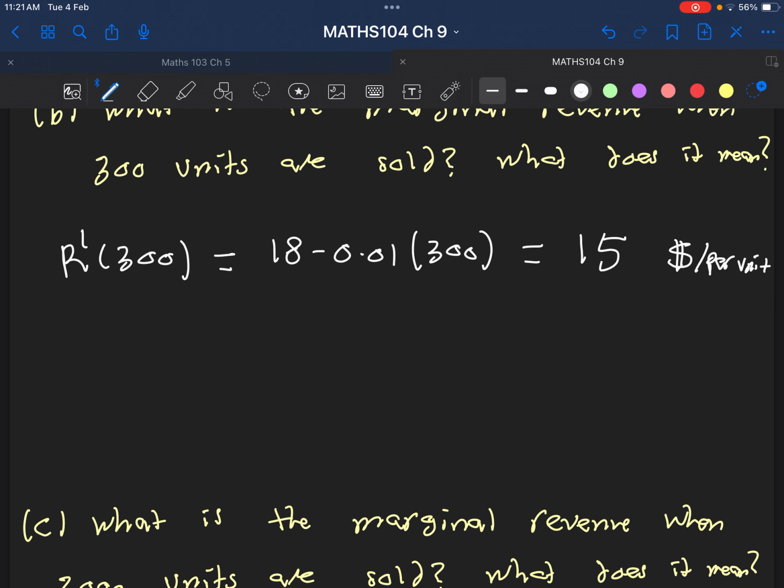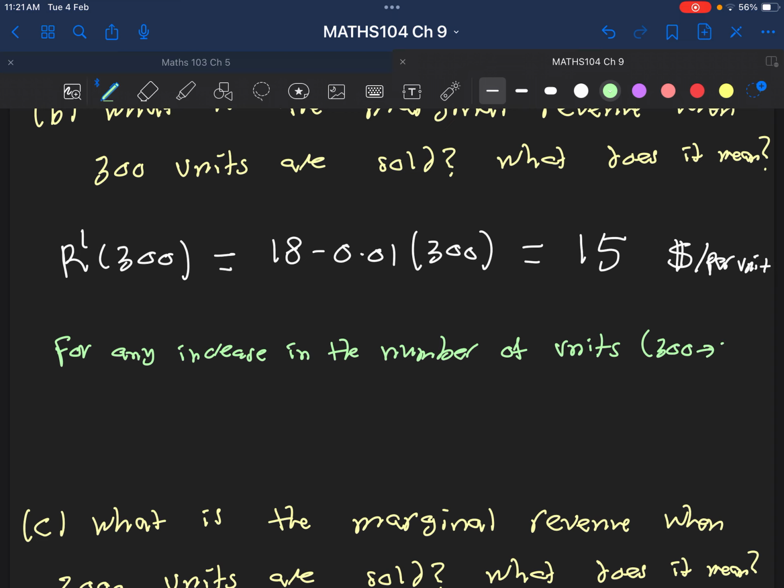Now, what does it mean? It means, and let me write it down in green, for any increase in the number of units. What do we mean by an increase in the number of units? For example, if we increase it from 300 to 301, the revenue will increase by $15.